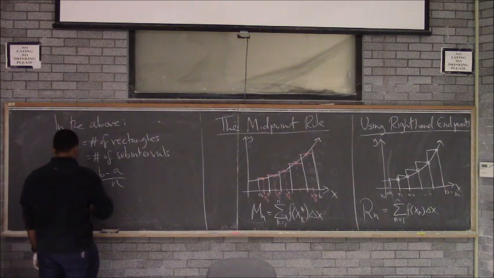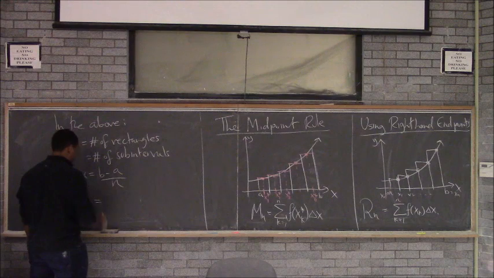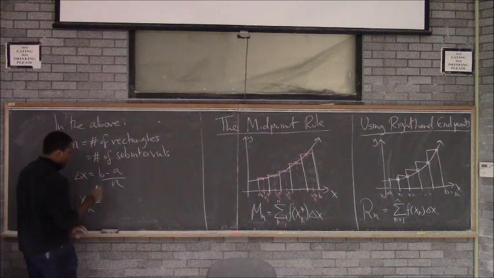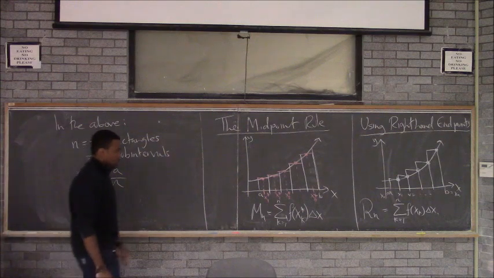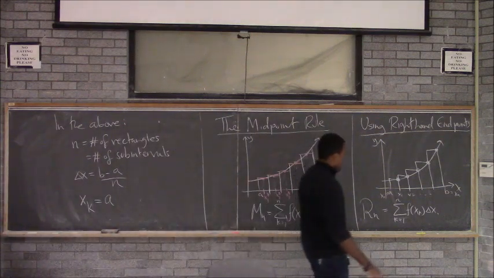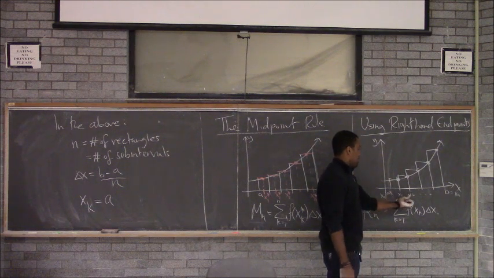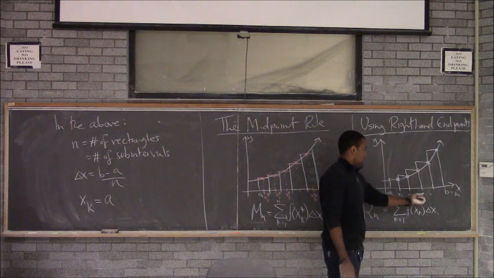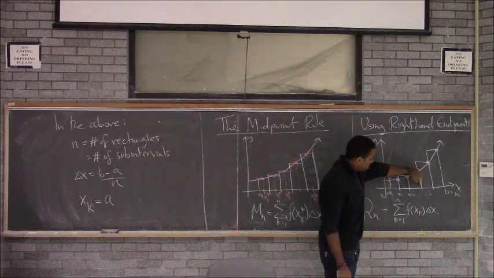And I want you to notice that the x sub k, how would you actually figure that out? You'd start at the first point, and then to go from this to that, you will add delta x. So to go from one point to the next, you're adding delta x.